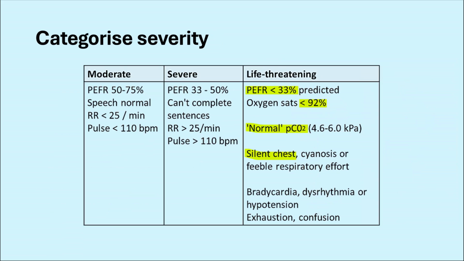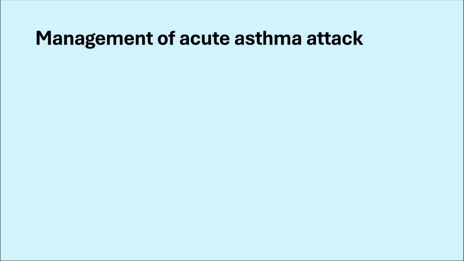In my opinion, remember the life-threatening features of asthma: peak expiratory flow rate less than 33%, or oxygen sats less than 92%, or a normal CO2 on a blood gas, which suggests they are tiring and not ventilating enough to push it out. And if someone has a silent chest, again, that means they do not have enough strong respiratory effort.